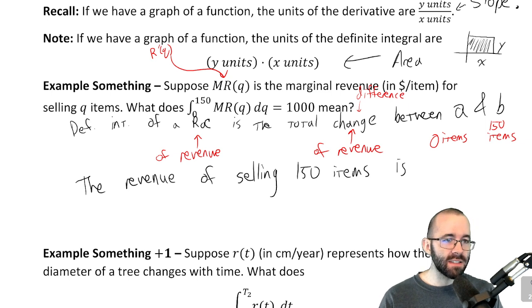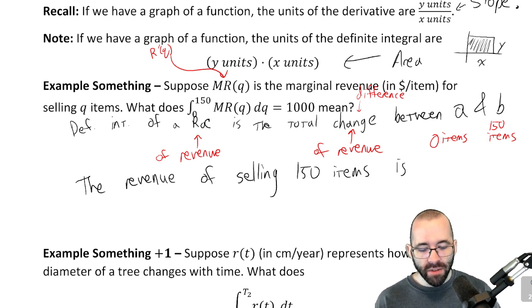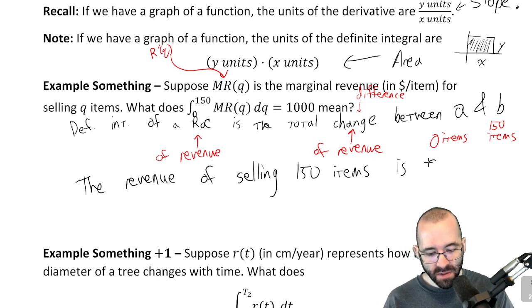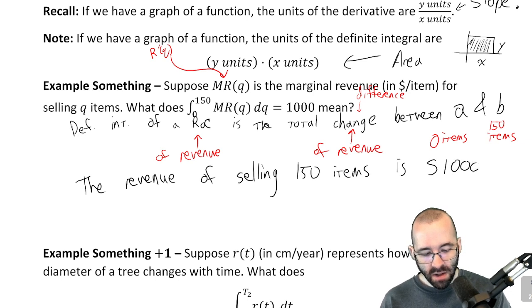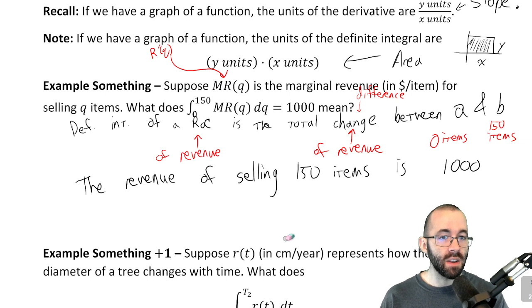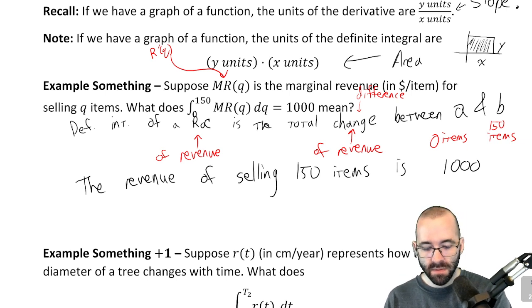But in this case, selling 0 items doesn't have any revenue at all. So we can simplify it essentially. The revenue of selling 150 items is 1,000. And what are the units? Well, what are the Y units?